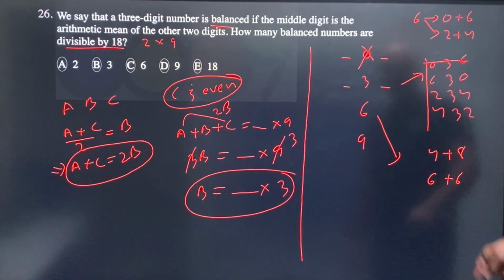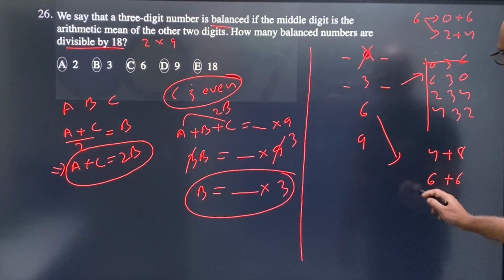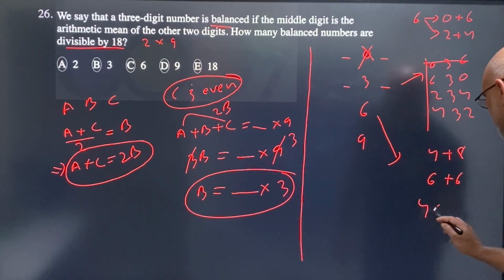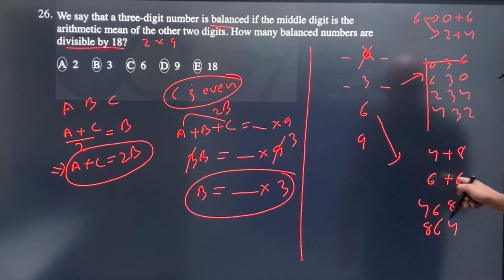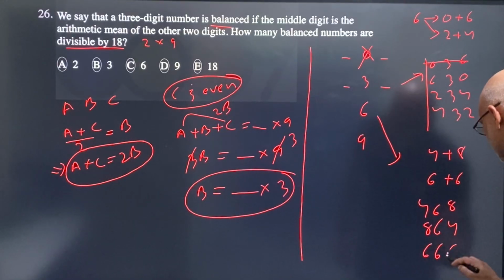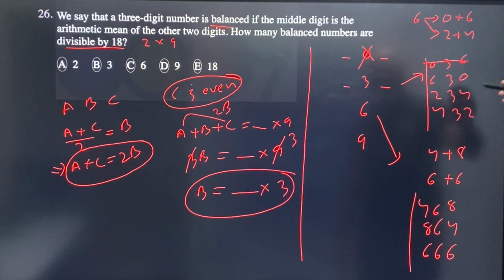That's how I can get 12. So then from here, I can get 4, 6, 8 or 8, 6, 4 or 6, 6, 6, right? Okay, so these are the 3 more.